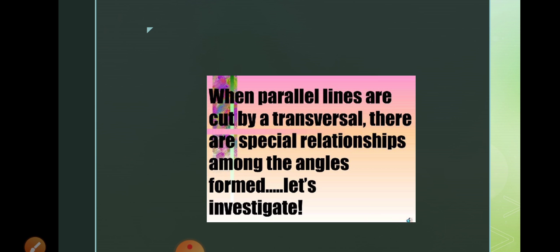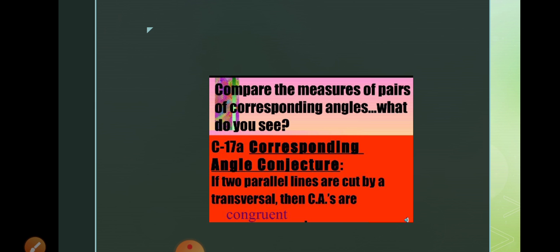When parallel lines are cut by a transversal, there are special relationships among the angles formed. Let's investigate. First, corresponding angles. Compare the measures of pairs of corresponding angles. What do you see? When you measure them, you will see that both measures are the same.